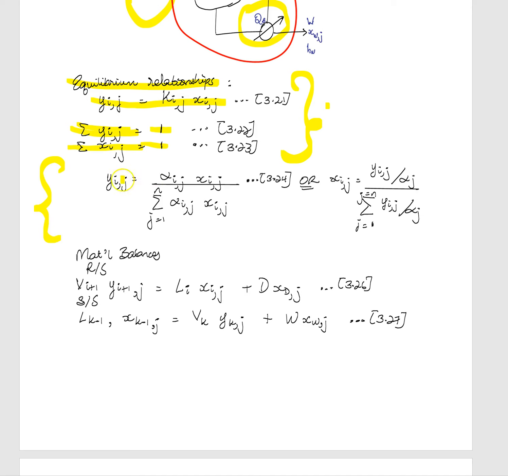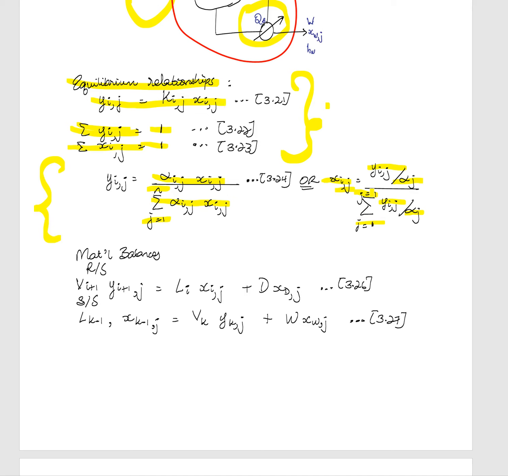These equations being derived: Yij is equal to alpha ij xij over the summation of the product of alpha ij xij, j going from 1 to n, or similarly xij being given in terms of relative volatility as the ratio of Yij over alpha ij to the summation of all of the ratios of Yij to alpha ij, where j goes from 1 to n.